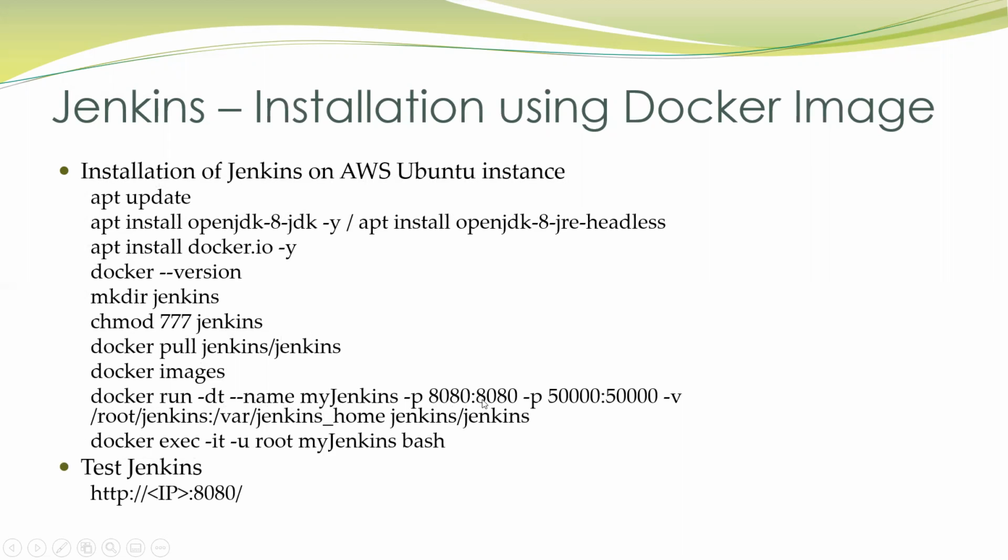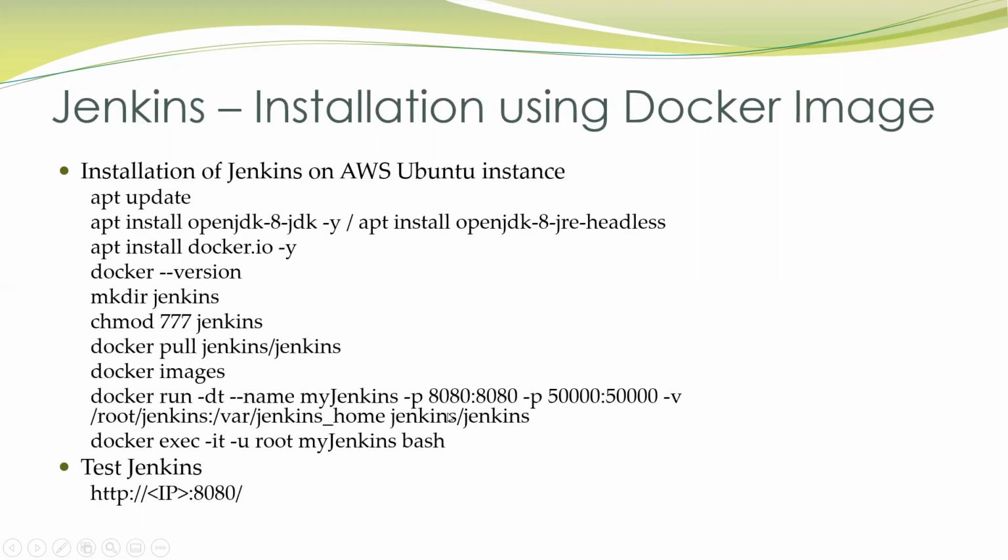This is the container, -dt detached mode, and the name is my Jenkins. The port mapping is 8080 and 50000, and this is a volume. The volume mount maps root Jenkins to the Jenkins home path in the container. So this is the base machine, and we will map it to the Jenkins container's Jenkins home path.